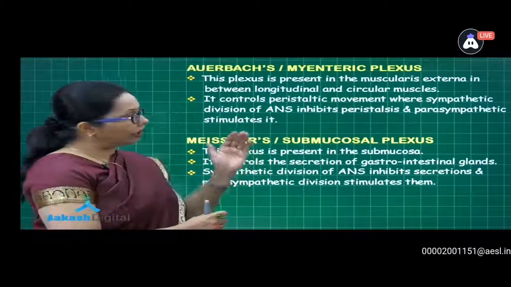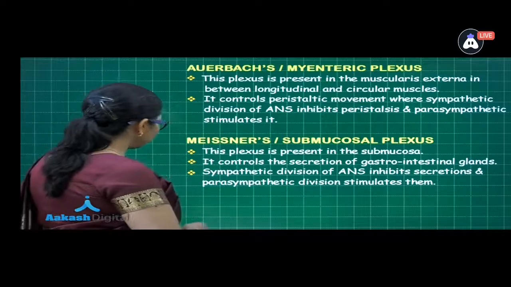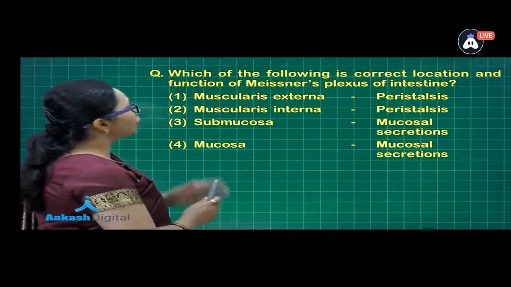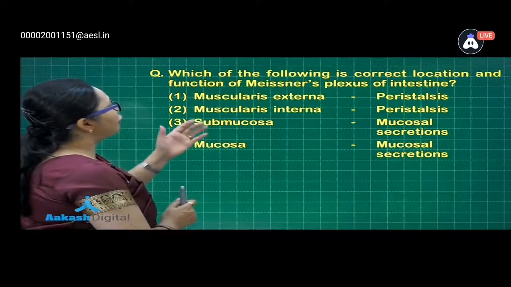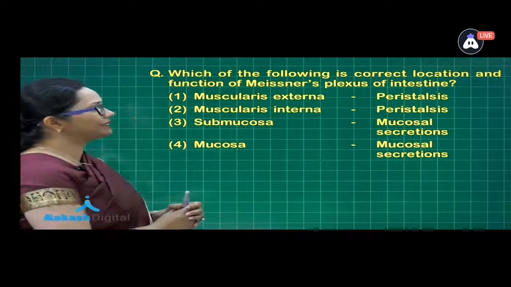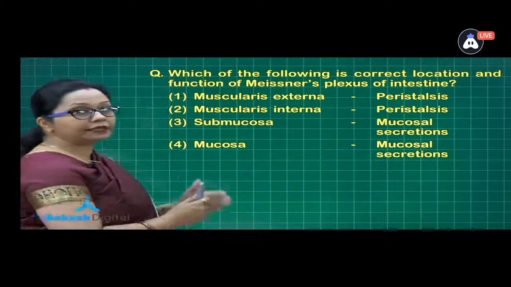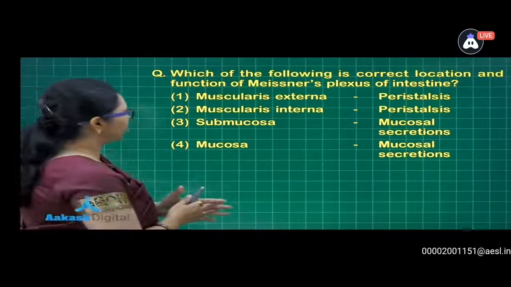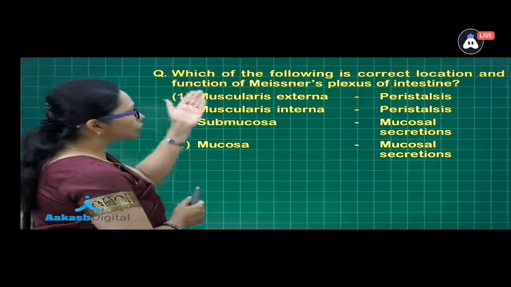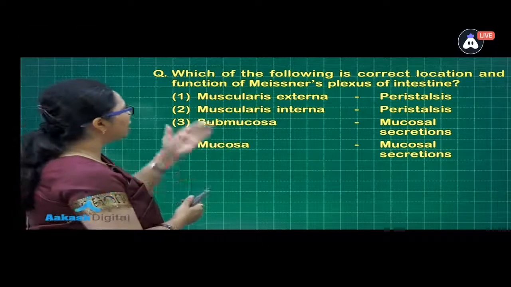Now, let us move to a question where we can utilize this information. Which of the following is the correct location and function of Meissner's plexus of the intestine? Meissner's plexus, as we had seen, is also called the submucosal plexus. In the muscularis externa we had the Auerbach's plexus, so this is not it.